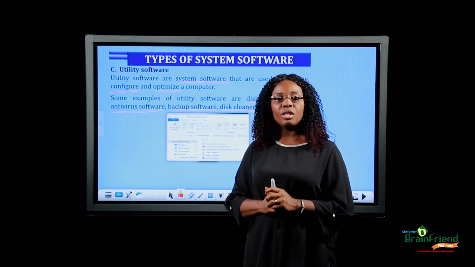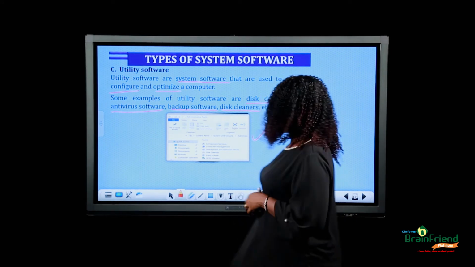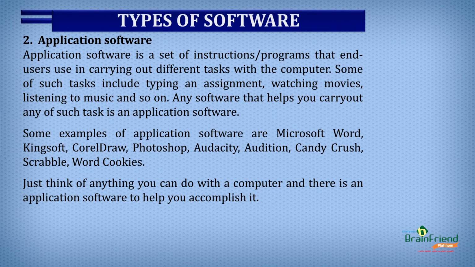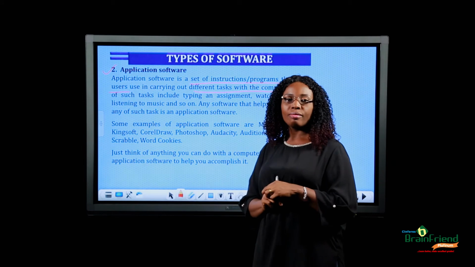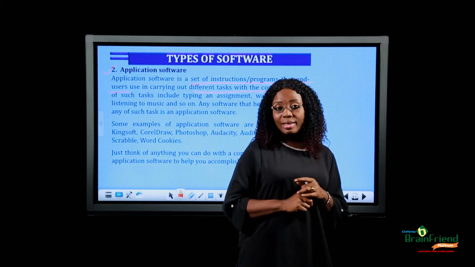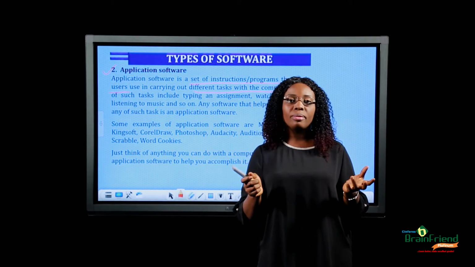The next set of computer software we'll be looking at is the application software. The application software is a set of instructions or programs that end users make use of in carrying out different tasks with the computer. Now think, what have you ever done with a computer? Was it to watch movies, to type your assignments, to design graphics, to surf the web?